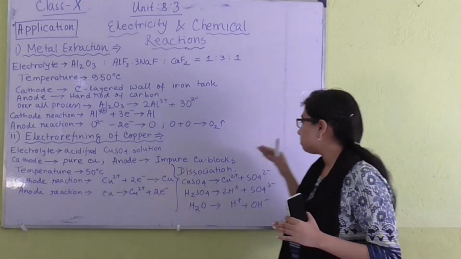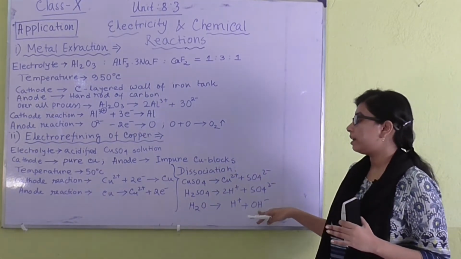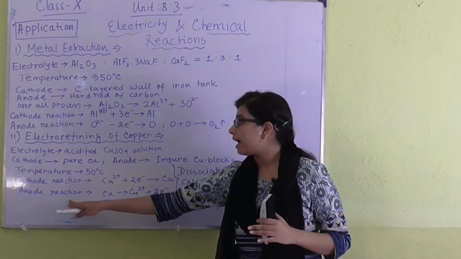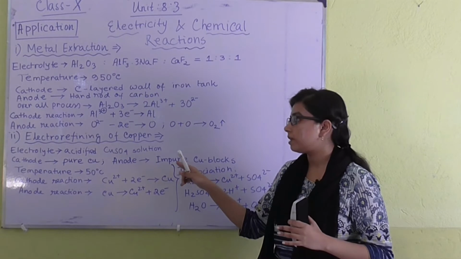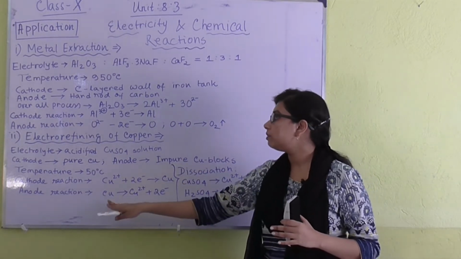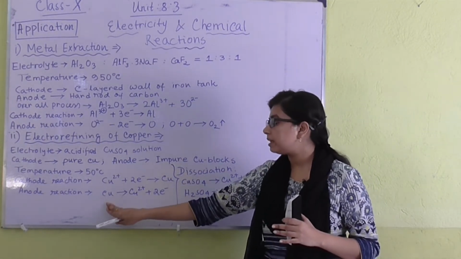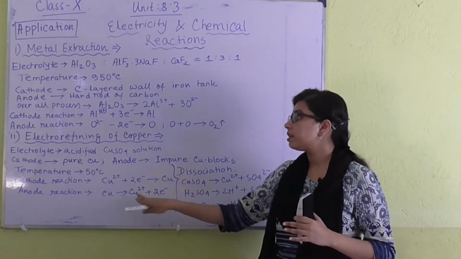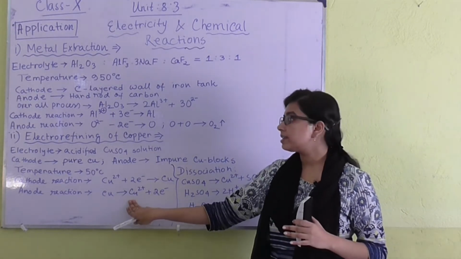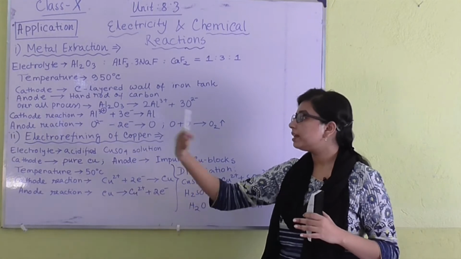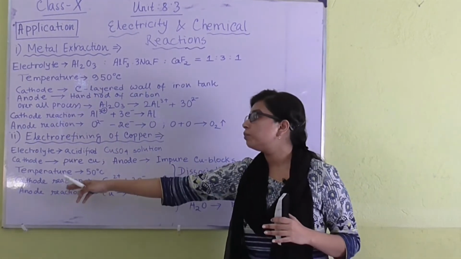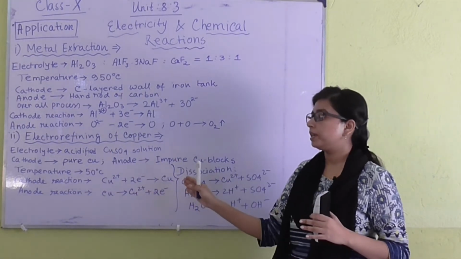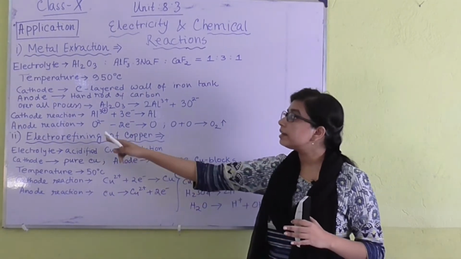So none of them will move towards the anode, but at the anode we have taken impure copper blocks. So from the anode, copper metal can reject 2 electrons, forming Cu2+ ions, and it will participate in the next process. That means this Cu2+ will further move towards the cathode, forming copper metal. So ultimately this is the refining process.